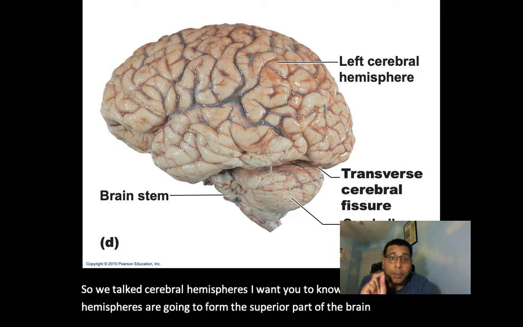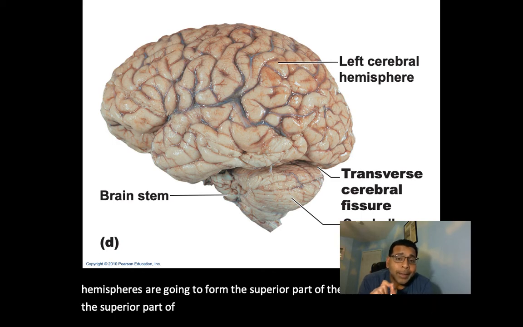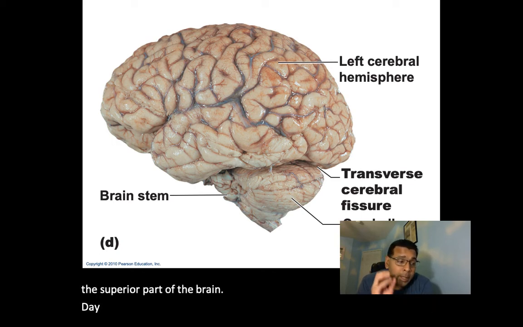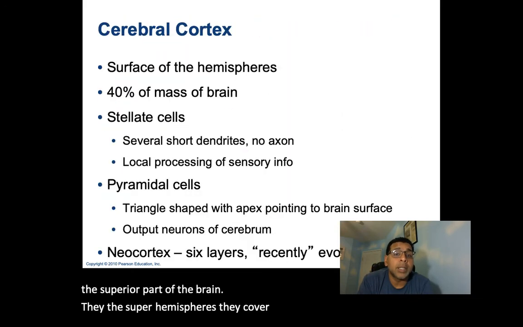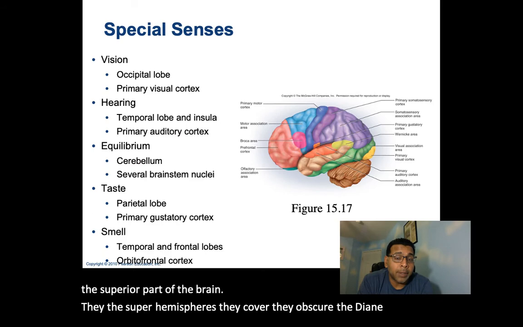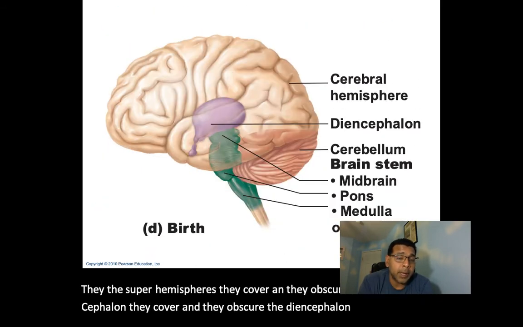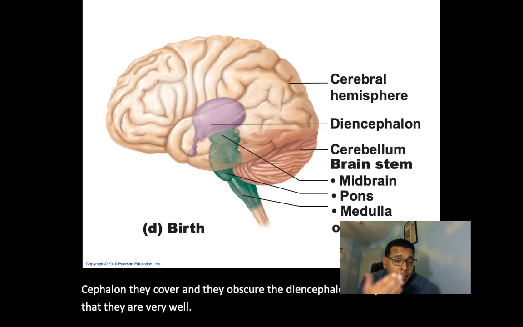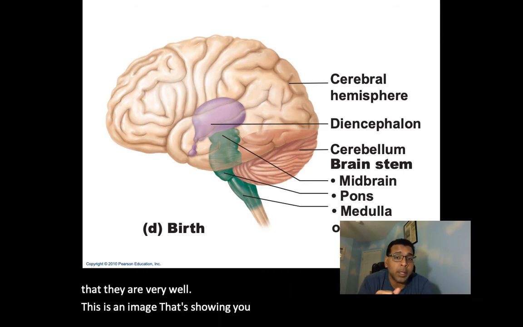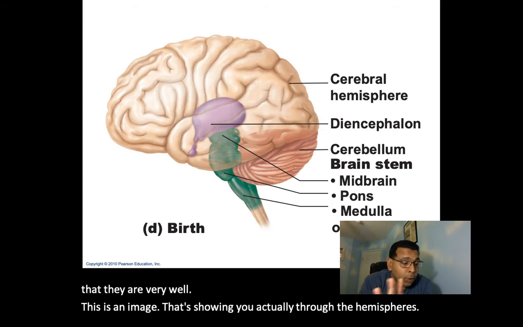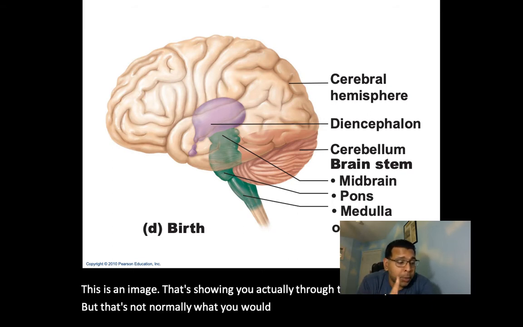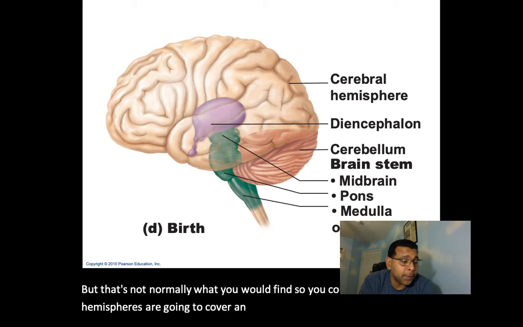They cover and obscure the diencephalon. This image is showing you through the hemispheres, but that's not normally what you would find. The cerebral hemispheres cover and obscure the diencephalon and the top of the brainstem.